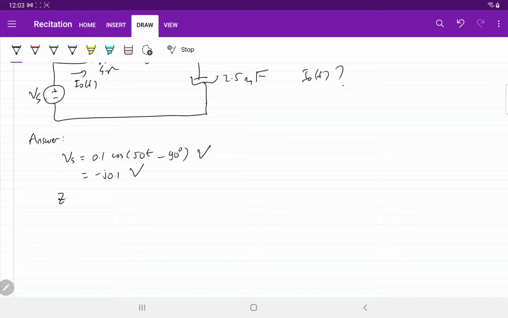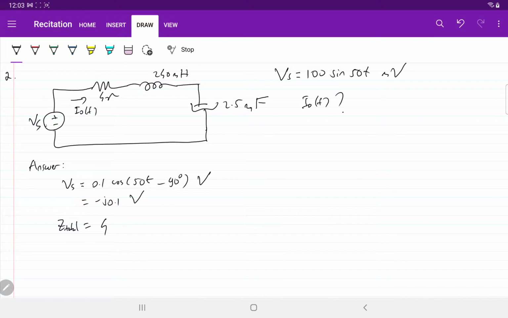Okay, what is the total impedance? Z total, you know, that is 4 plus j omega L. So j omega, 50, L is 0.24, plus 1 over j 50 times the capacitance, which is 10 to the power of minus 3, because we have millifarad there, so 2.5.